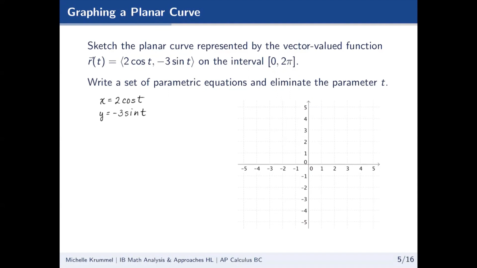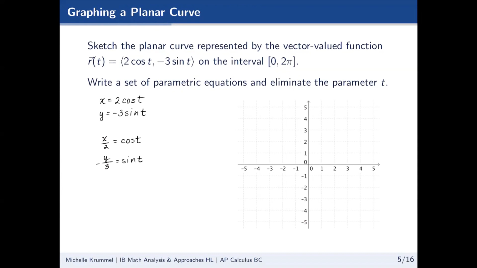If we isolate the cosine t in the first equation and isolate the sine t in the second equation, this is going to be easier. So we can say x divided by 2 equals cosine t, and then y divided by negative 3 equals sine t.